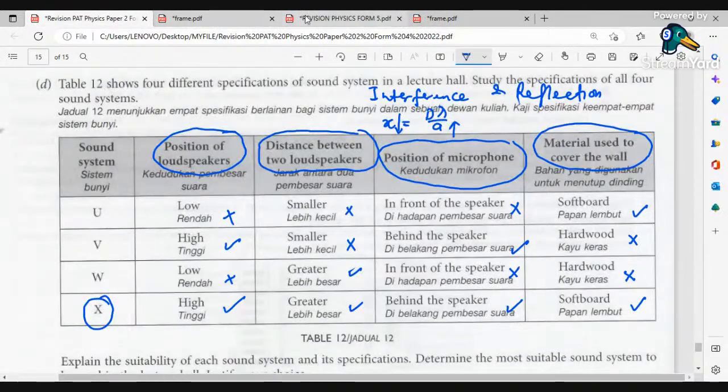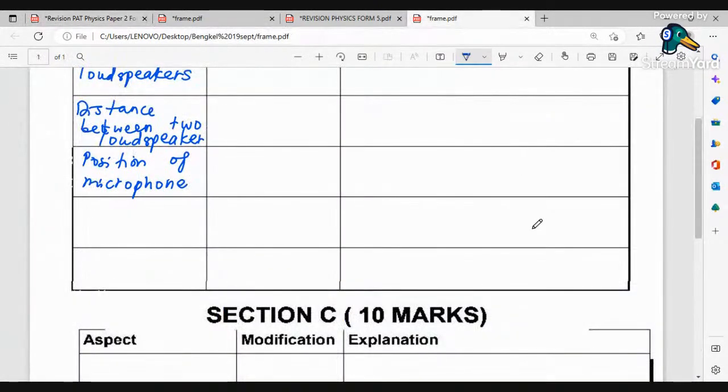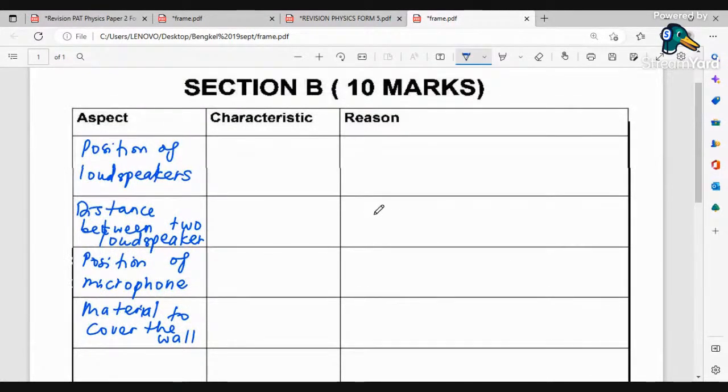Material used to cover the wall. So you write down the 4 characteristics first.